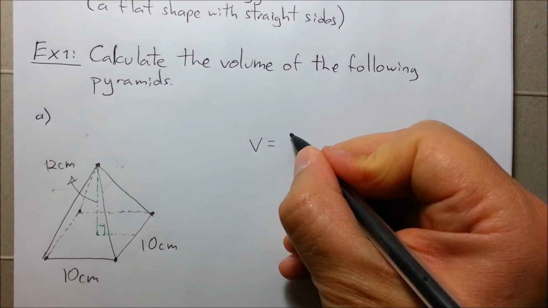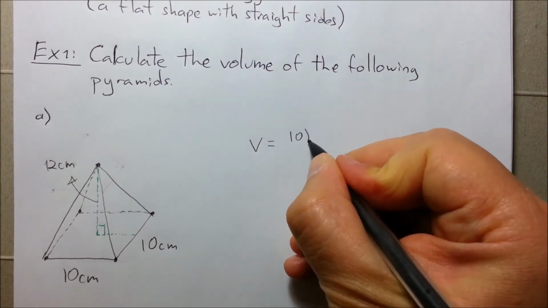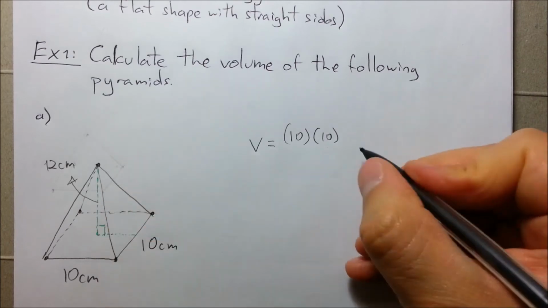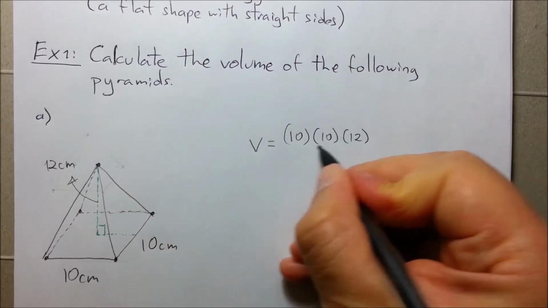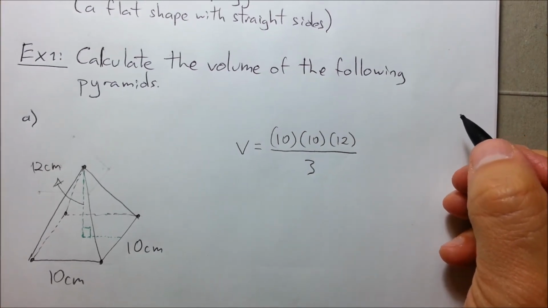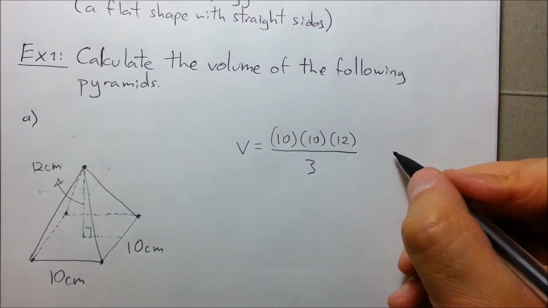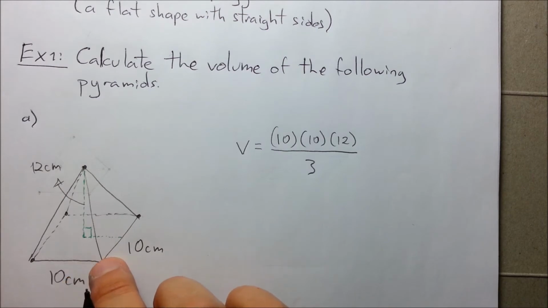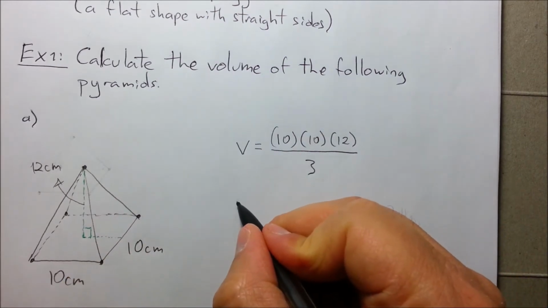So length times width times the height, which is 12 centimeters, divided by 3. If you recall, it's like dividing the volume of the equivalent square rectangular based prism by 3. Okay, so we have this. We can also rewrite it this way.